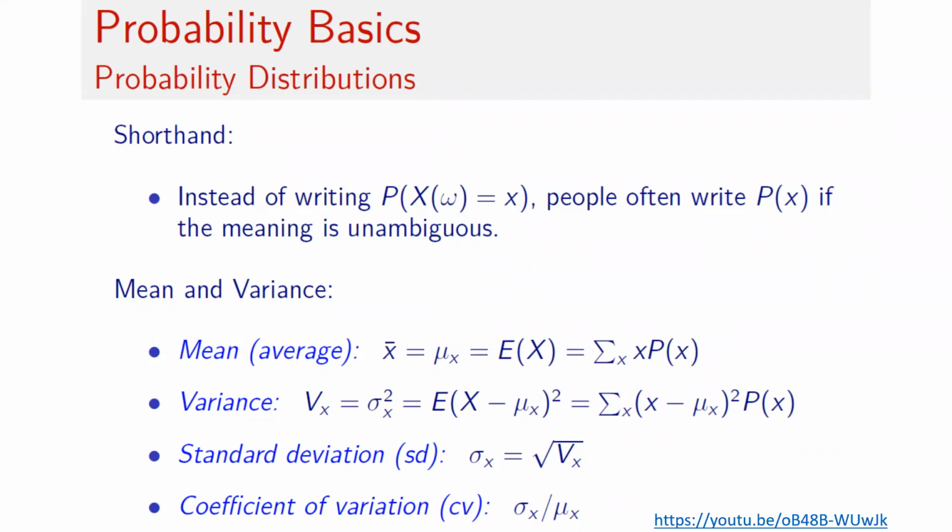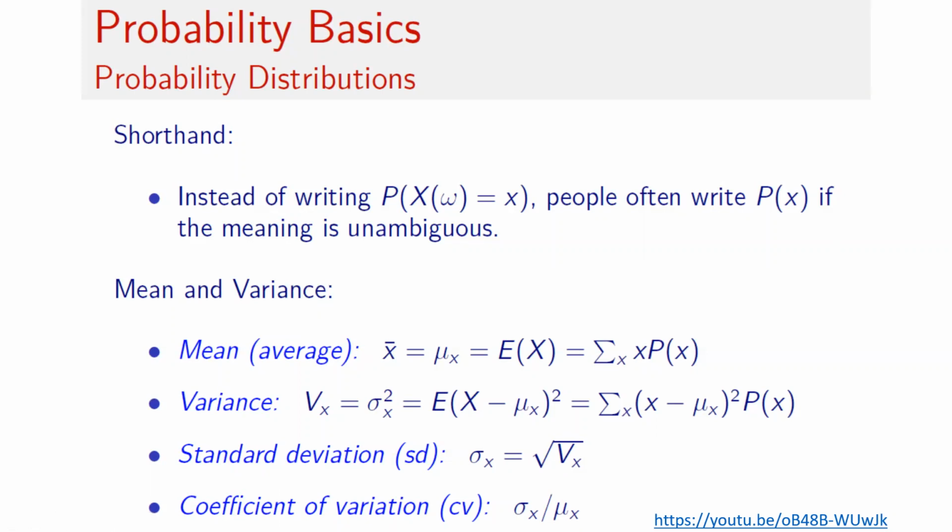Also, important quantities related to the probability distribution are the mean and the variance, and also we can find the standard deviation and the coefficient of variation.